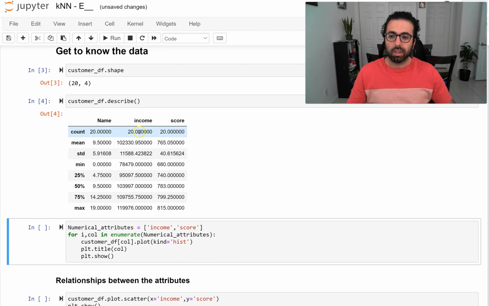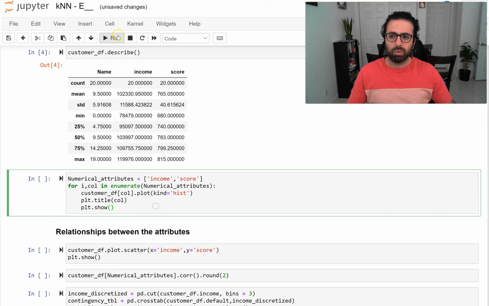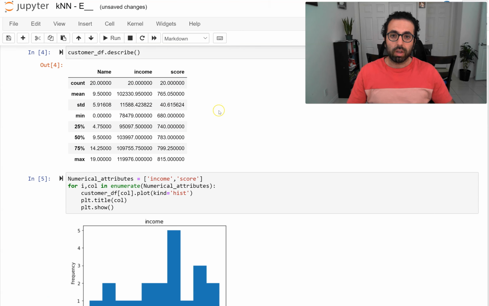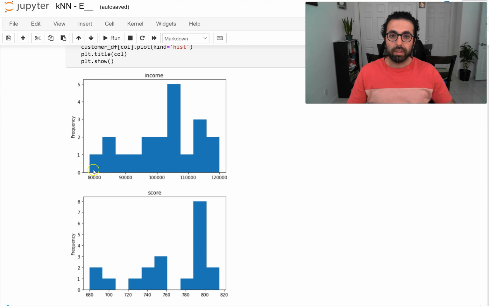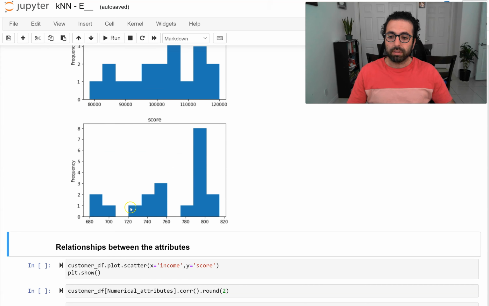We can see the numerical attributes in this data set and their mean and standard deviation, and also we can use the bar charts and the histograms to help us get to know these attributes better. We can see income between 80,000 to 120,000, and the score, which is the credit score, is between 680 to 820, around these two numbers.